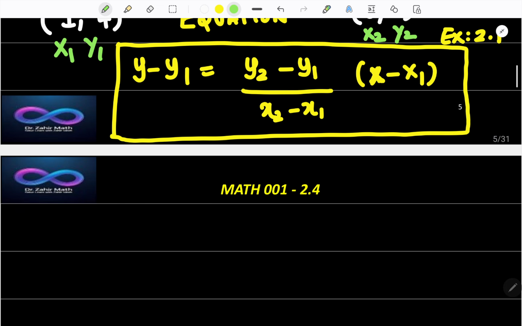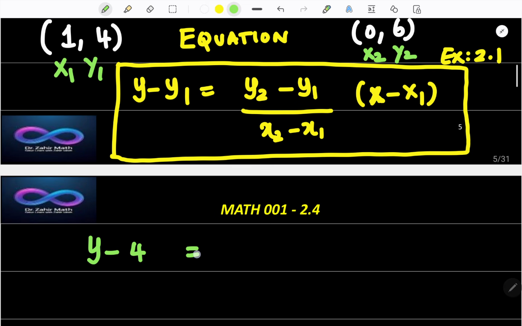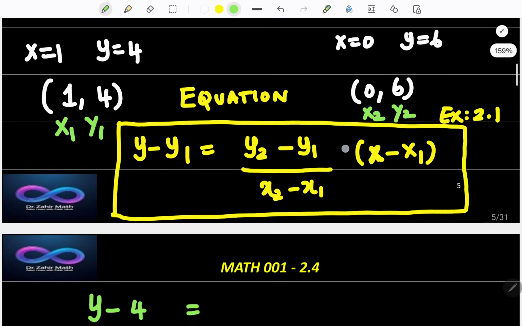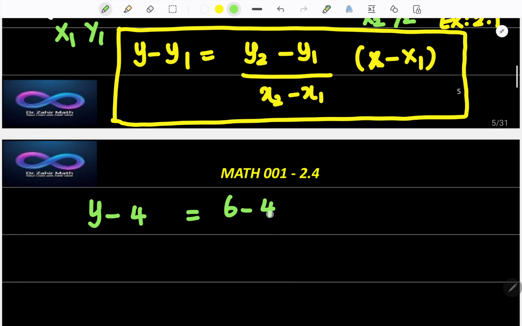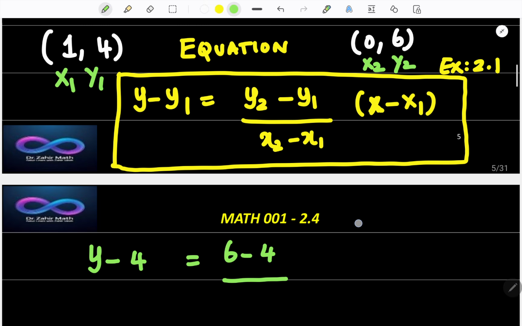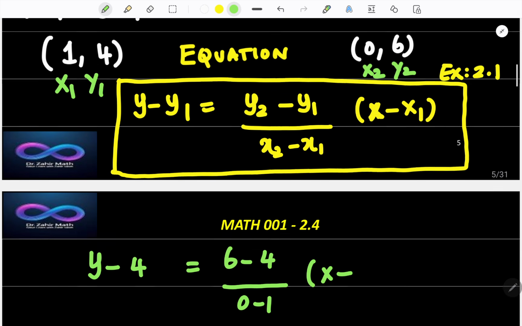Right. Y minus y1. So y minus, what is your y1? Which is 4, equals y2 minus y1, which is 6 minus 4, divided by x2 minus x1. What is x2? 0 minus 1. So this is 0 minus 1, times x minus x1.